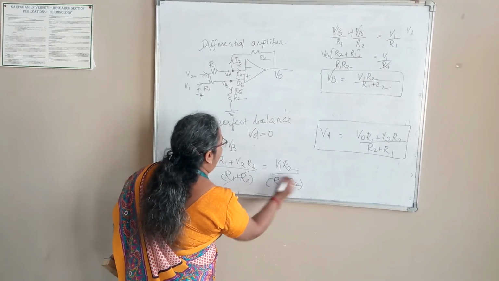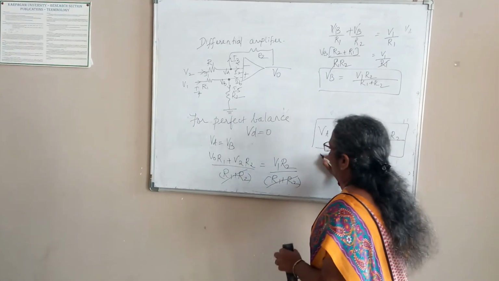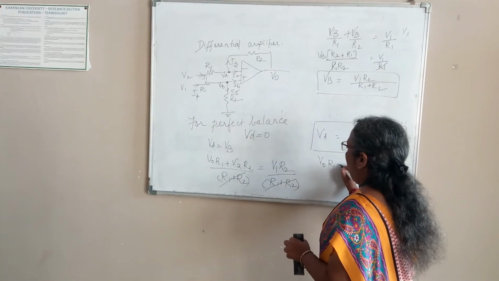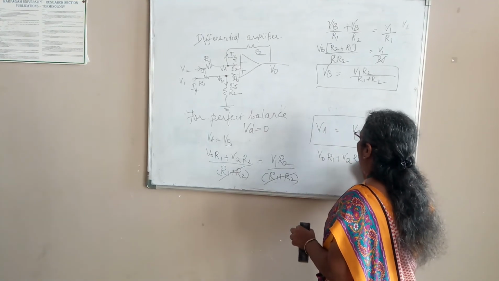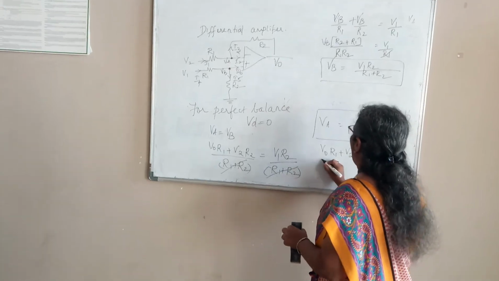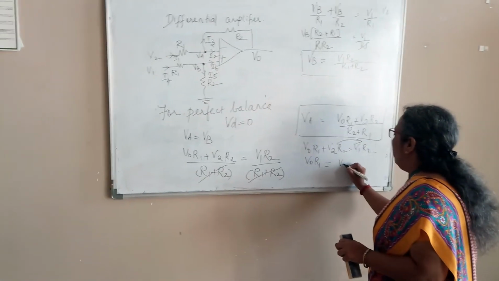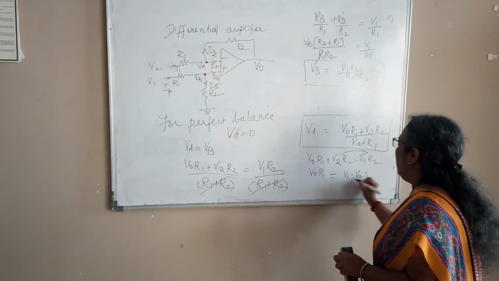So this will get cancelled, and from this I will get V0 into R1 plus V2 into R2 is equal to V1 into R2. Take this term to the other side because I need V0. So you get (V1 minus V2) into R2.